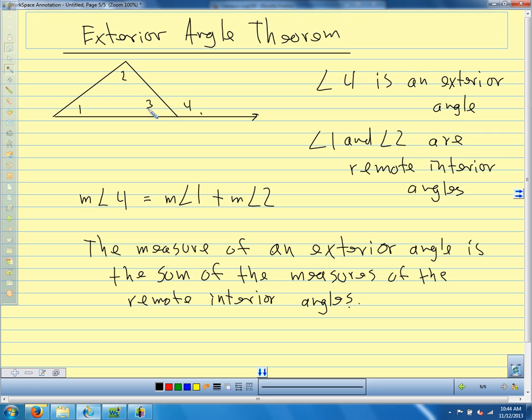So angle 3 plus angle 4 has to be the same as angle 3 plus these two together. So these two together have to be the same as angle 4 by itself. But it all comes from all the angles in the triangle adding up to 180 degrees. So let's look at a couple of examples of how we would use the exterior angle theorem.